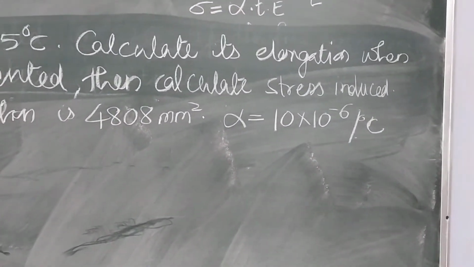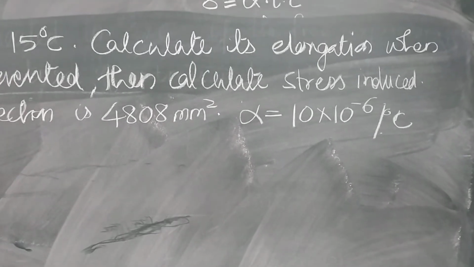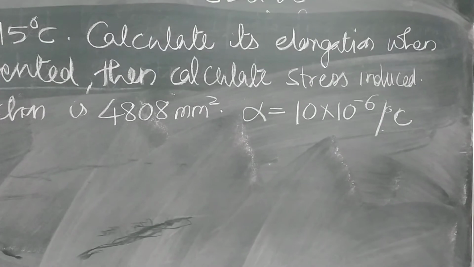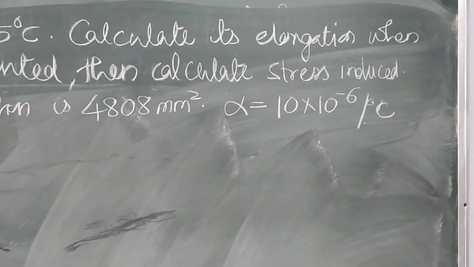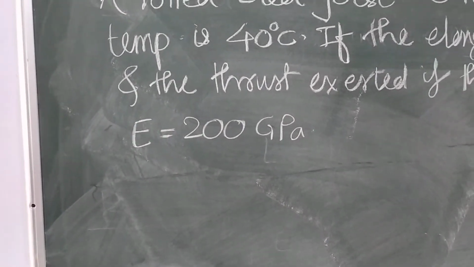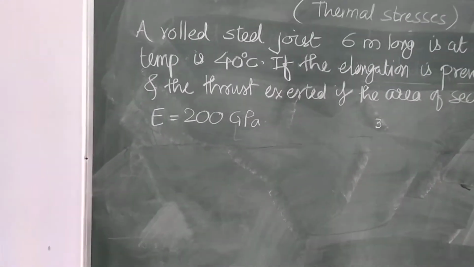Take alpha is equal to 10 into 10 raised to minus 6 per degree centigrade and E is equal to 200 gigapascal.